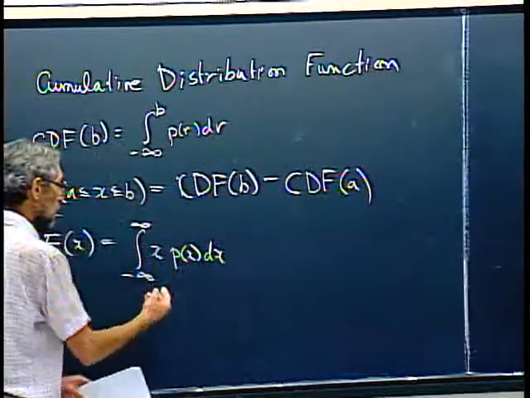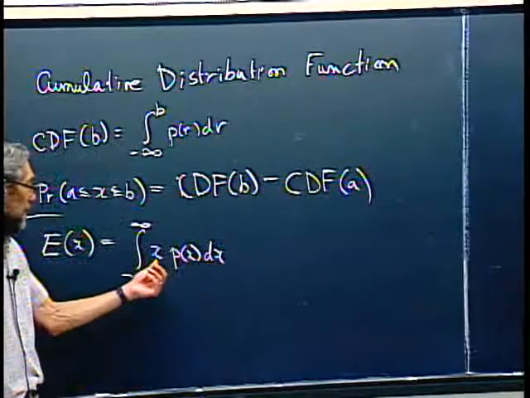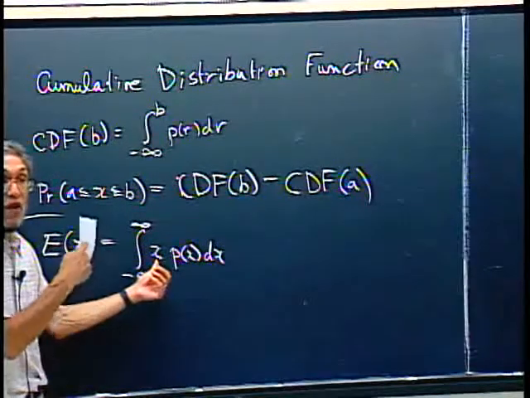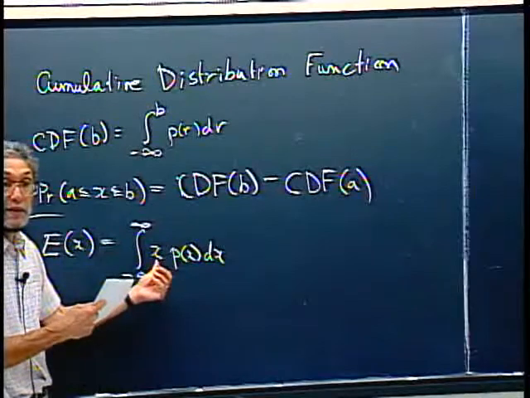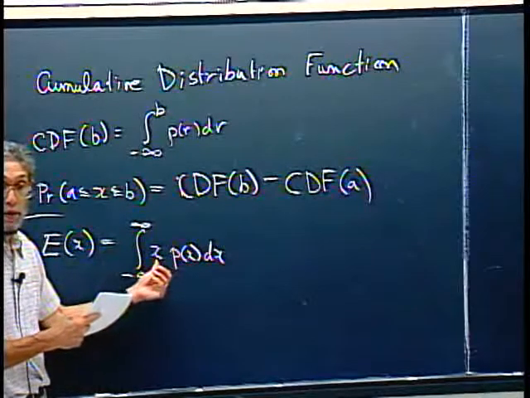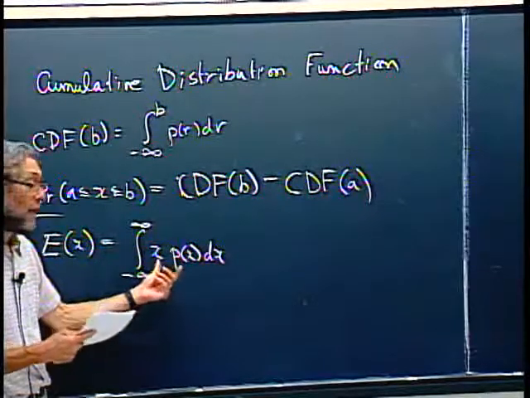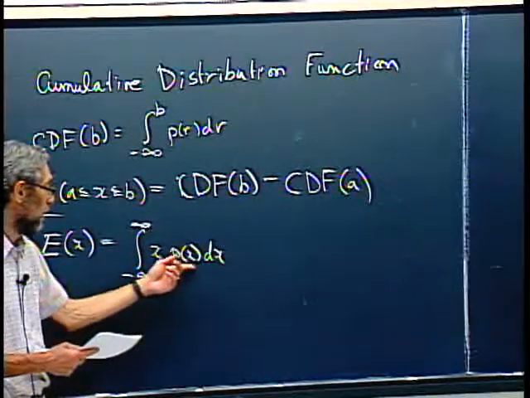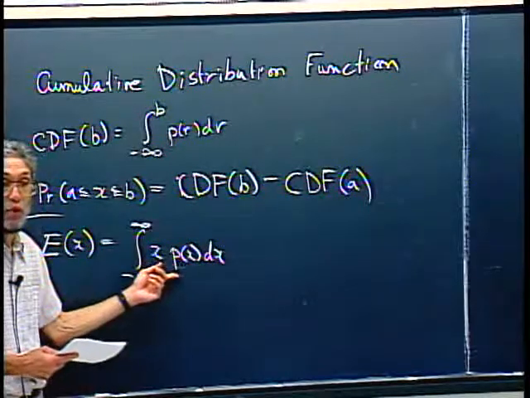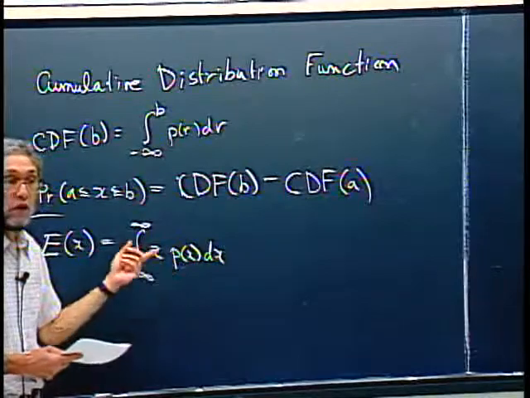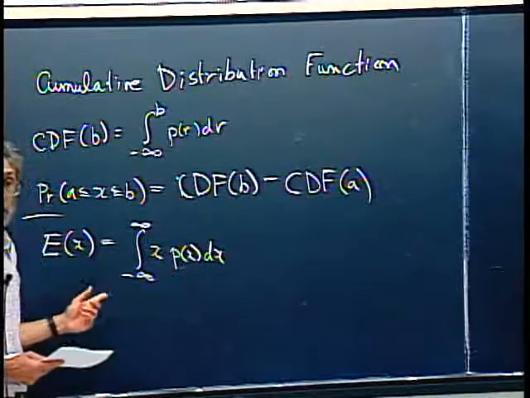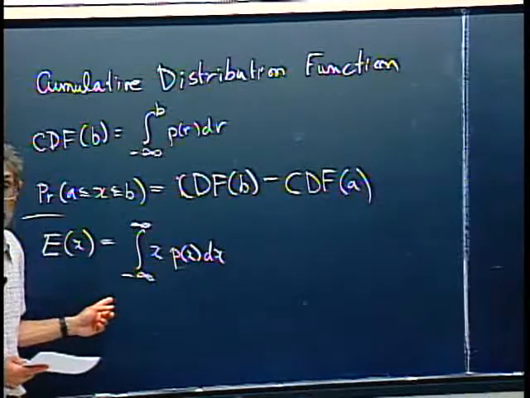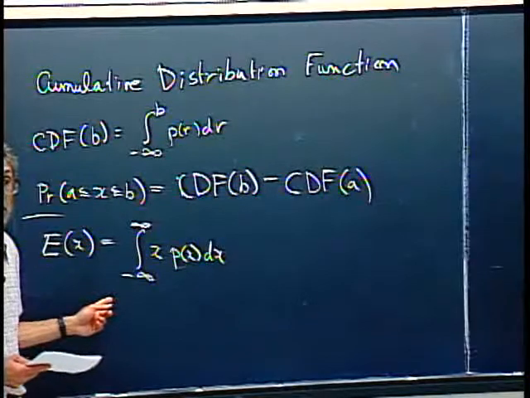It's sort of a weighted mean of the function x weighted by the probability. And it makes sense that it's a weighted mean because the integral of all these probabilities add up to 1. So this is the continuous variable analog of the definition I gave for expectation as a sum.